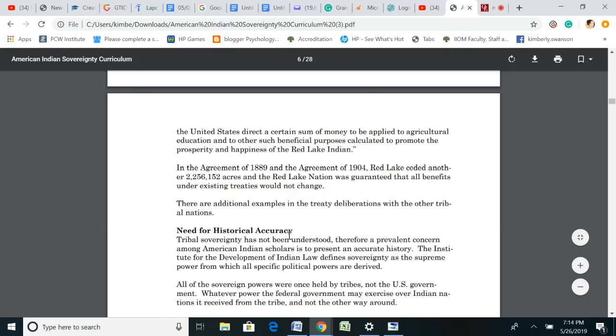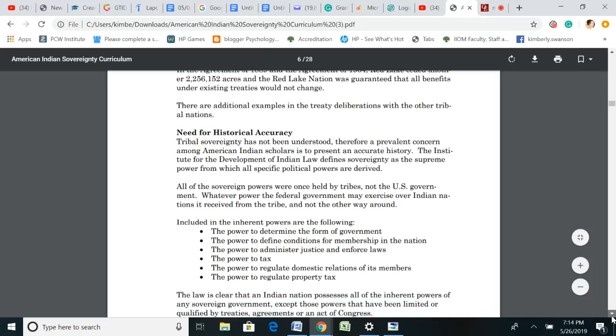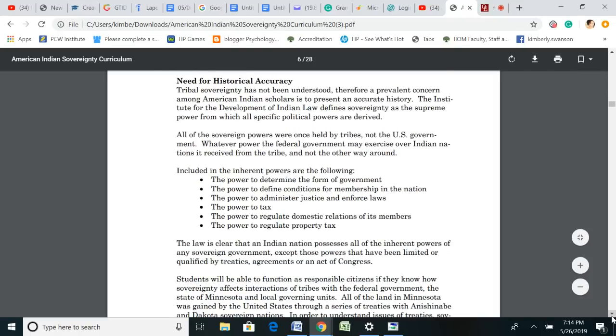We're going to go over here to needs of historical accuracy. And that's what I'm saying. We got to go back to the accuracy of what actually took place, because what we're looking at are false narratives. And false narratives and one-sided view of history based on eugenics and on the colonizers and whatever the colonizers are saying.